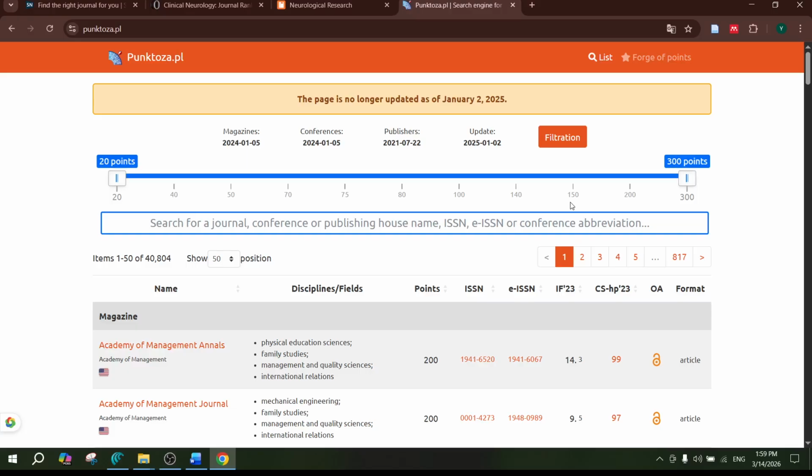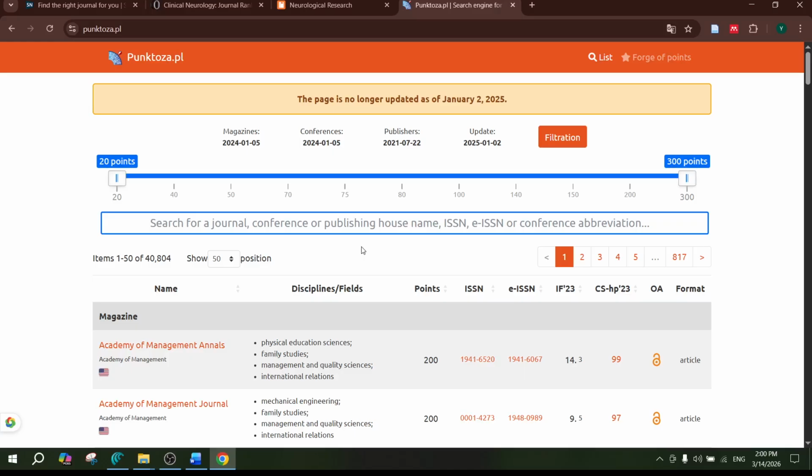This system helps the universities evaluate the author, if you want to apply for funding or want to get promoted academically.